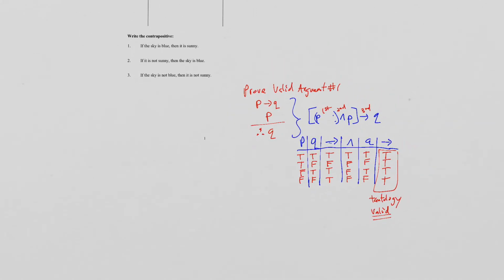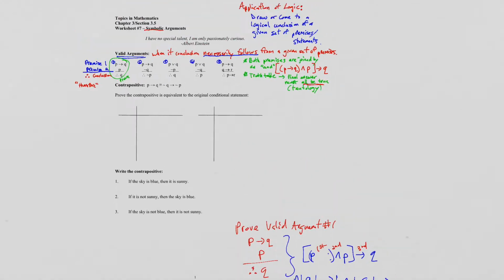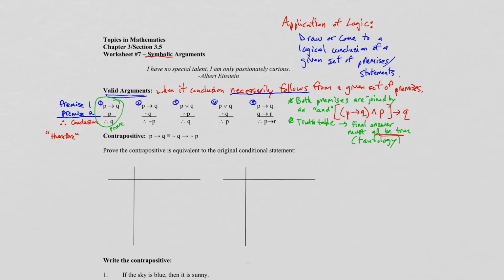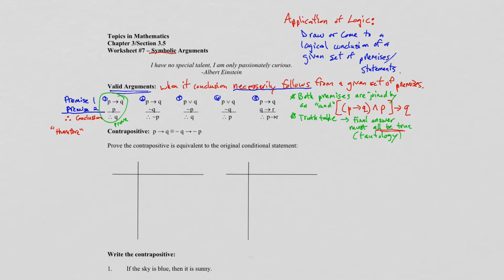As you can see, it's not the funnest thing in the world unless you're like me, a little odd, but we could do this for arguments 1 through 5 right here, but we're not going to do that. Just take my word for it. These are all valid, and it takes the truth table to prove that.